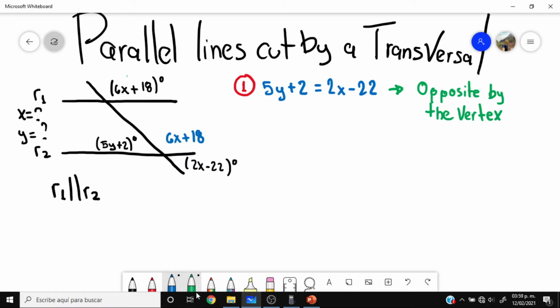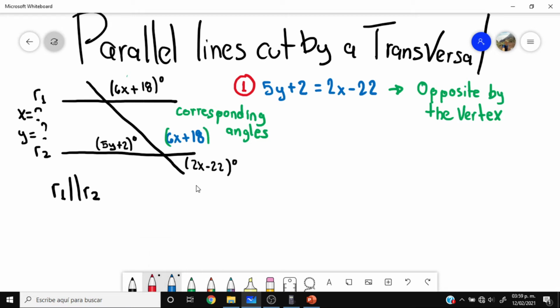The reason is because they are corresponding angles. And you will find that theory in the previous video. So can I do something about this? Well, not directly. There is another thing that I can do. This is 6x plus 18.